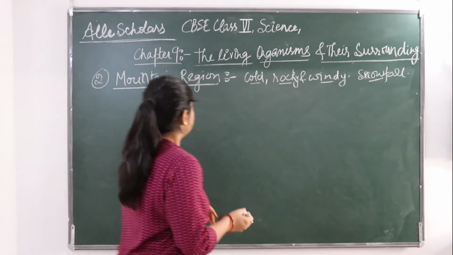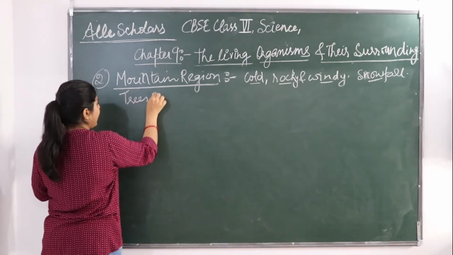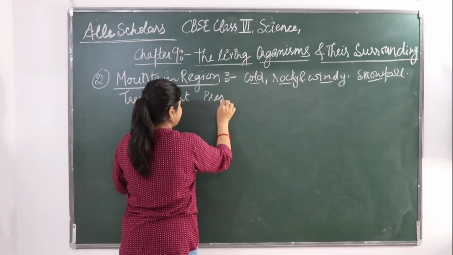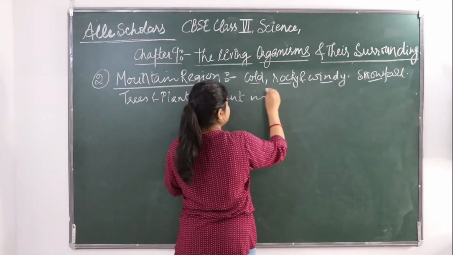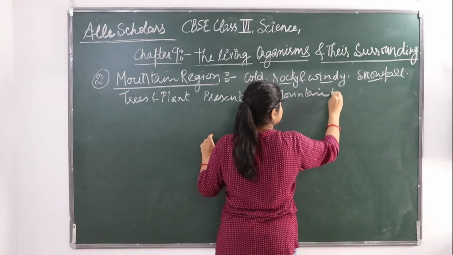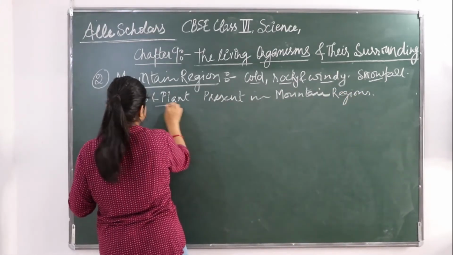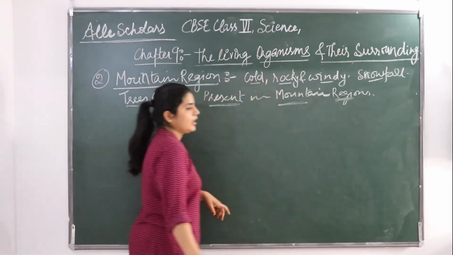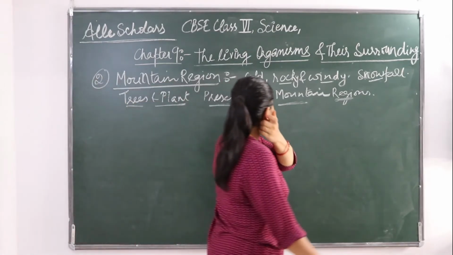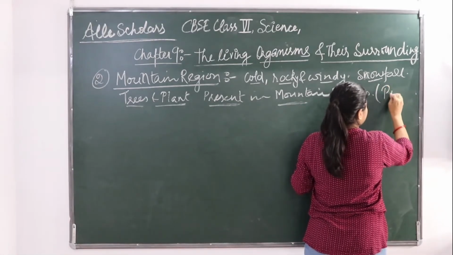Okay, so trees and plants present in mountain region. Okay, so if we talk about trees and plants that are present in mountain region, a very famous tree that is present in the mountain regions is the pine tree.